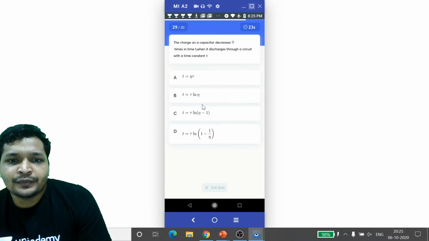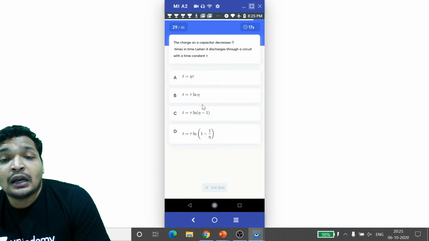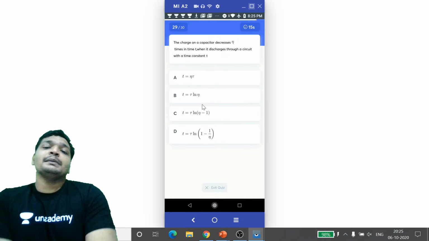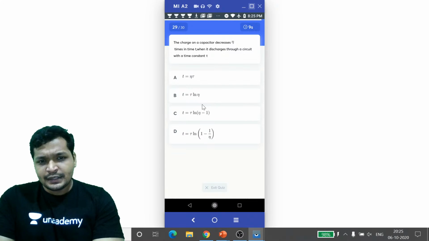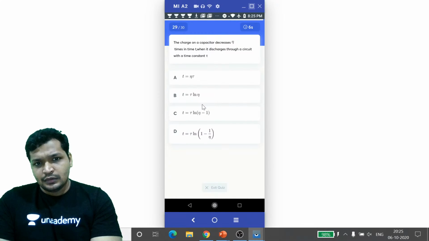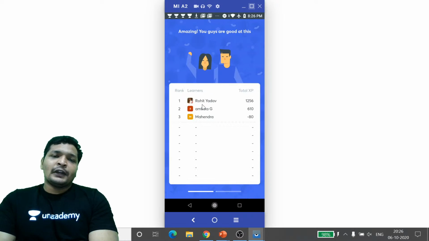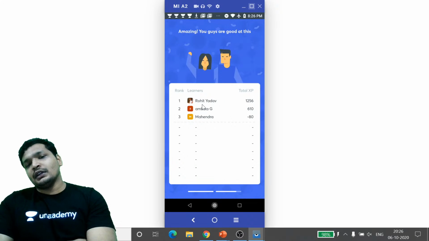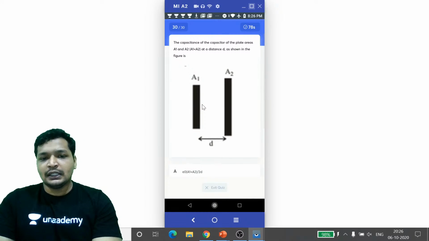It's really simple. It's B, guys. Apply log on both sides, you'll get ln eta on one side, and on the other side you'll have t by tau, and t is nothing but tau into log of eta.